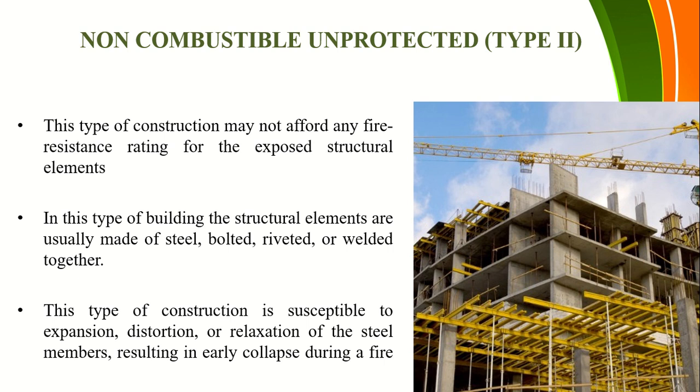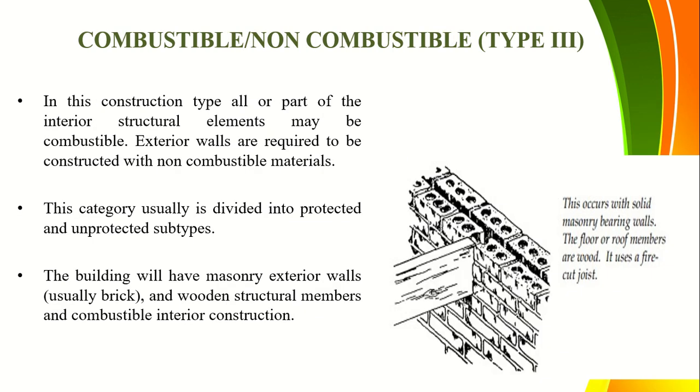Generally this kind of building has structural elements made up of steel, with bolted, riveted or welded connections, and this type of construction is very much vulnerable to expansions, distortions, relaxation of the steel members, early collapse during fire, etc. So it's a combination of non-combustible materials, but at the same time, we cannot assure protection. Once the fire attack takes place, it may get damaged easily.